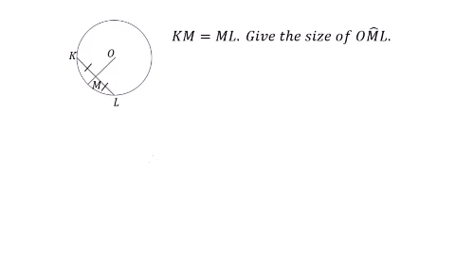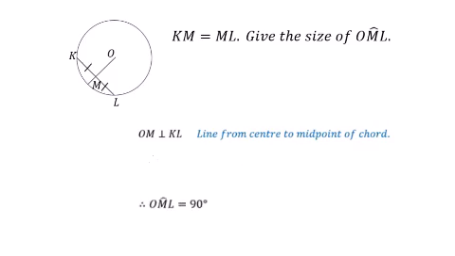Okay, now we have this question. KM is equal to ML. Give the size of OML. So we are going to give the size of the angle M. We can say that OM is perpendicular to the KL. The reason: a line from the center to the midpoint of the chord.